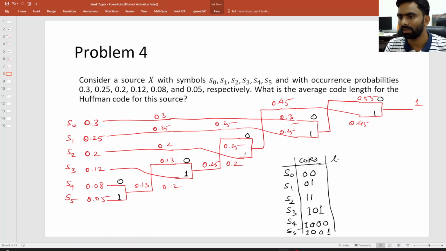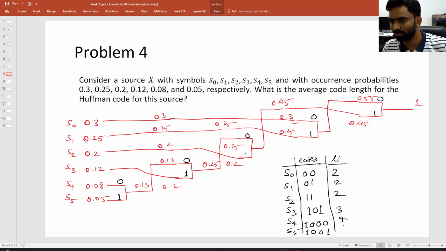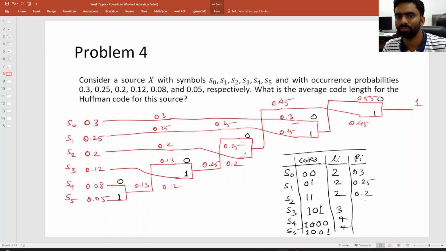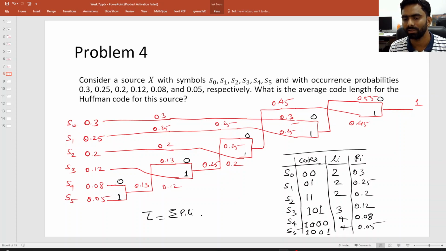Now the code lengths will be 2, 2, 2, 3, 4, and 4. Probabilities pi: 0.3, 0.25, 0.2, 0.12, 0.08, 0.05. Average length is sigma pi li, so multiply these and add them. Now I'm not writing directly, just giving the answer.